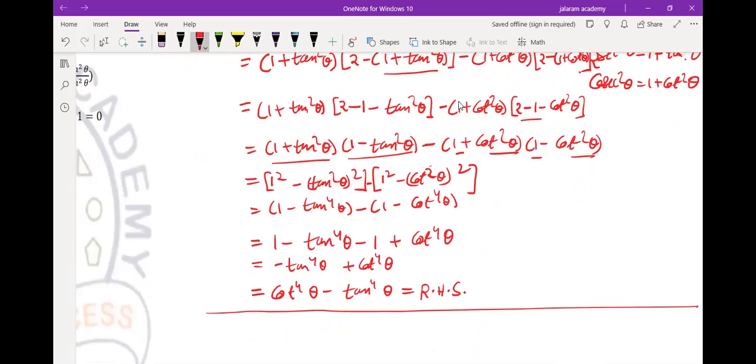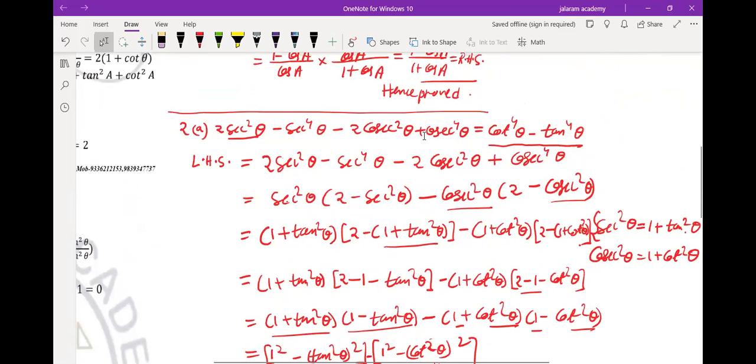So the only thing which we must remember is what we have in the left hand side and what we want to bring in the right hand side. If we observe the left hand side, it has sec square theta, sec to the power 4 theta, cosec square theta, cosec to the power 4 theta.